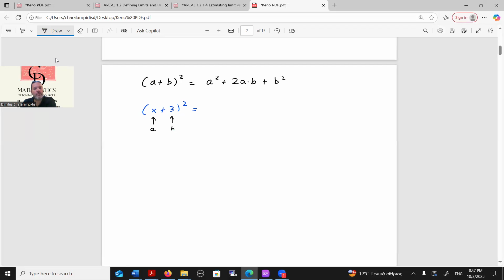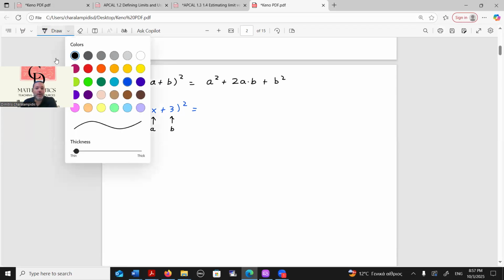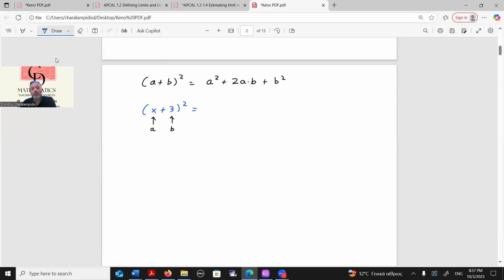Obviously, 3 plays that role. Based on the expansion, we knew that at first we need to write A squared. In our case, that should be x squared plus 2, there's always a 2, times A, which is x in this case, times B, which is 3, plus B squared, 3 squared.